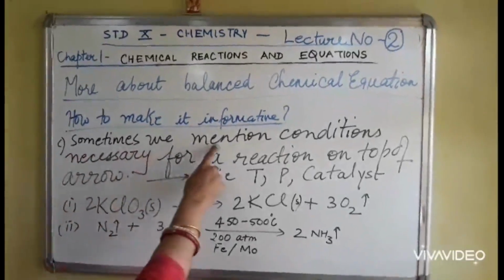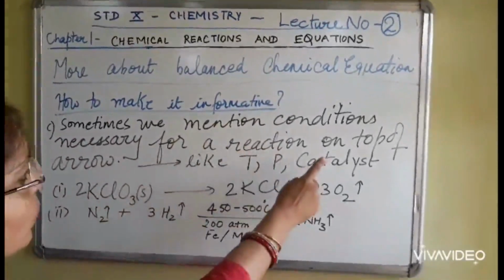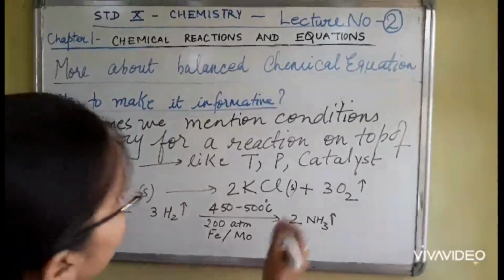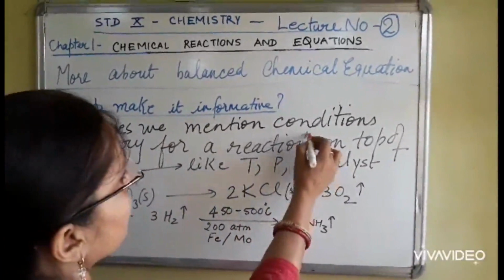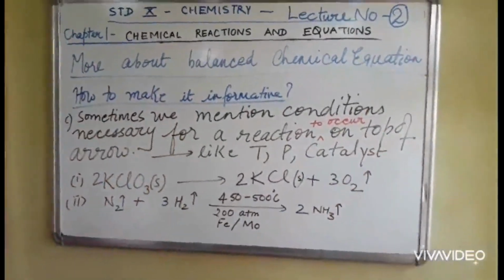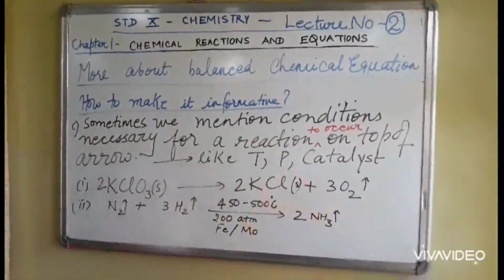Sometimes we also mention conditions which are necessary for a reaction to occur on the top of the arrow. For example, temperature, pressure and catalyst. The name of the catalyst is mentioned.